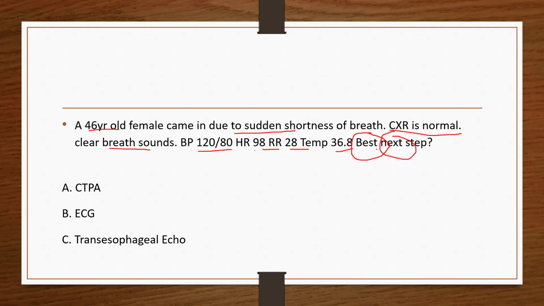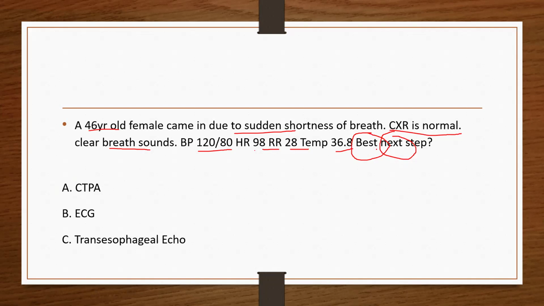So when you are asked a question with the term best step, you have to select the best step. For example, best step for identifying or diagnosing, then you have to say the best investigation. If they have asked best management, you have to select the ideal management.